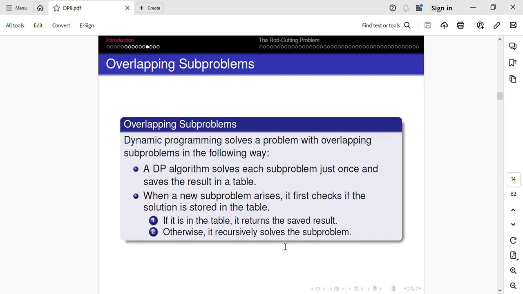So if we have a problem that has overlapping subproblems, then the dynamic programming technique is used in the following way. It will solve each subproblem just once and then save the result in a table. When we have a new subproblem, at first we will check whether there is already a saved solution in the table. If there is a saved solution in the table, we use that value. We will not compute it again. Otherwise, we will make the recursive function call.